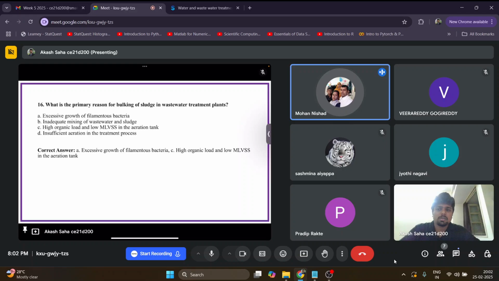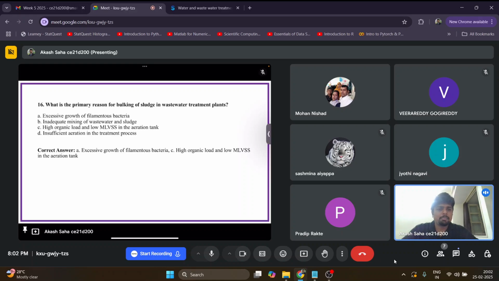I want to know what insufficient aeration is. Insufficient aeration means that the required amount of dissolved oxygen that has to be provided in your aeration tank is not provided.